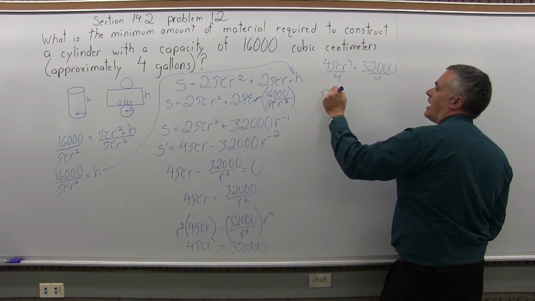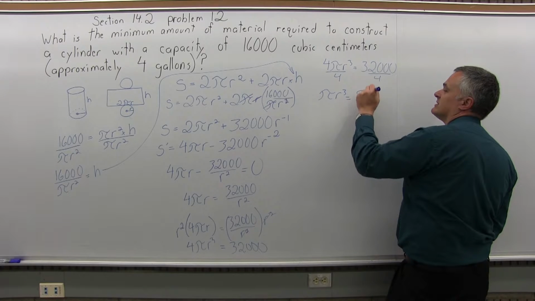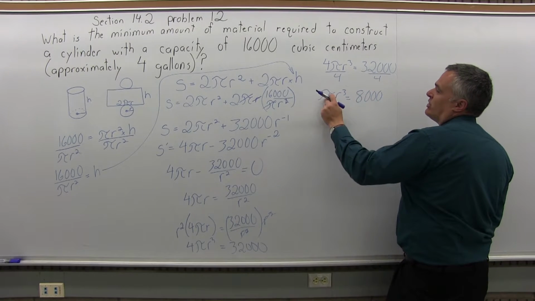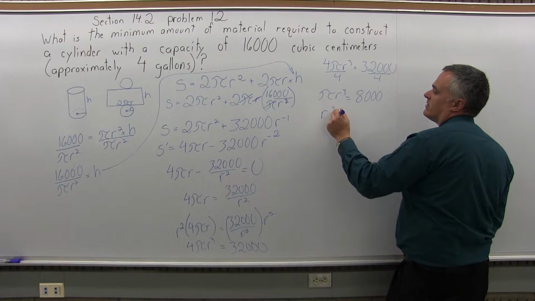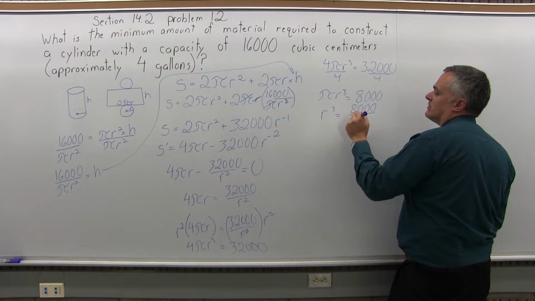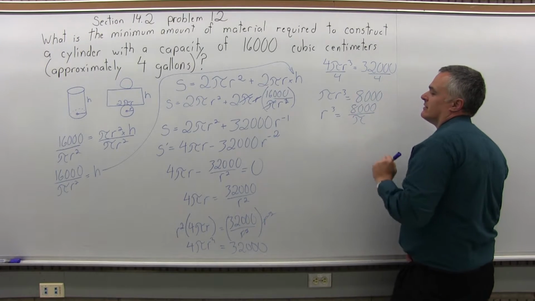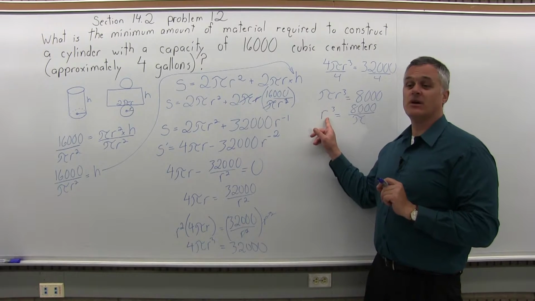I have pi r cubed equals 32,000 divided by 4 is 8,000. And I really could have gotten rid of the pi at the same step. So let's divide out the pi. So I have r cubed equals 8,000 over pi. That's r cubed, though. I want r.